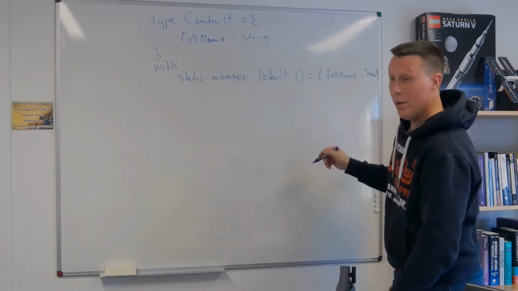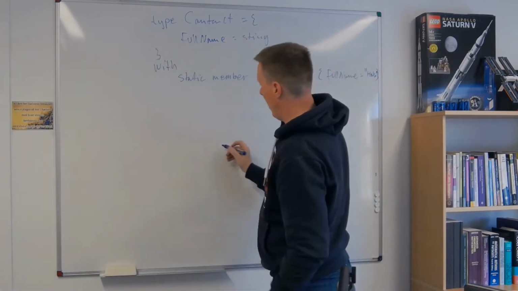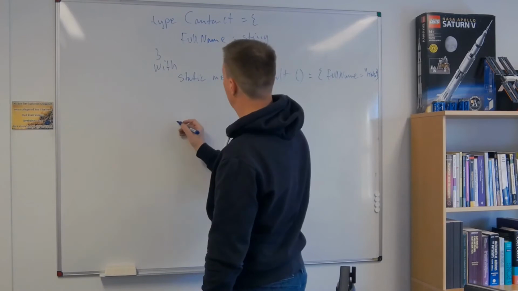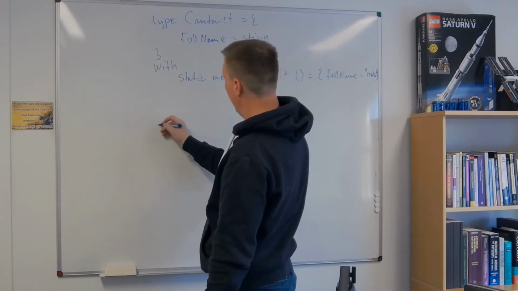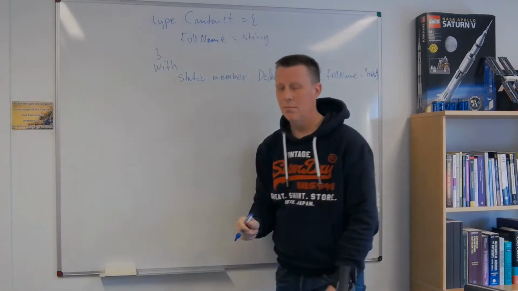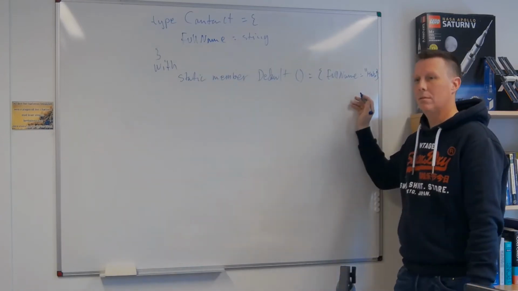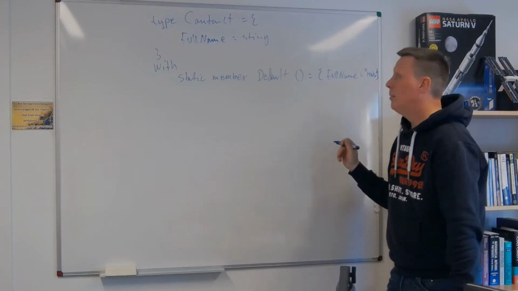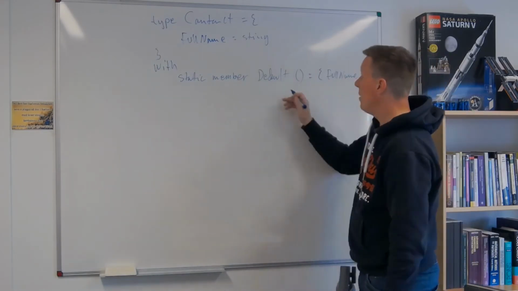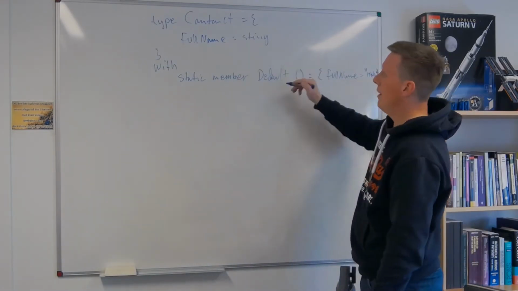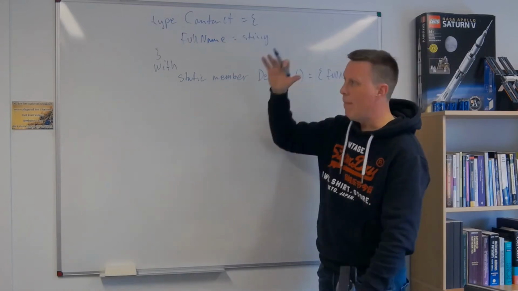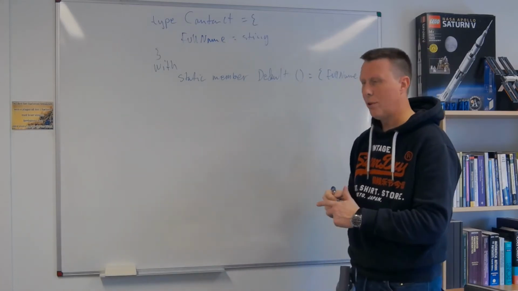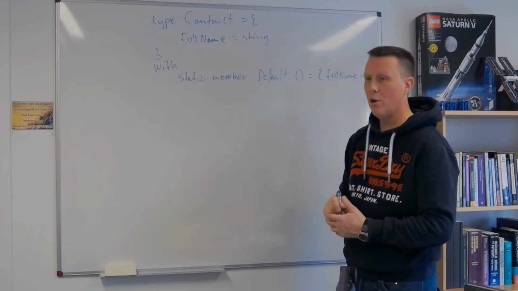So now I can just take this record type and say contact.default, and it will give me the default version of it, which is very convenient because a lot of the time you can have complicated record types with many members, and it's super tedious to work with them in that way.